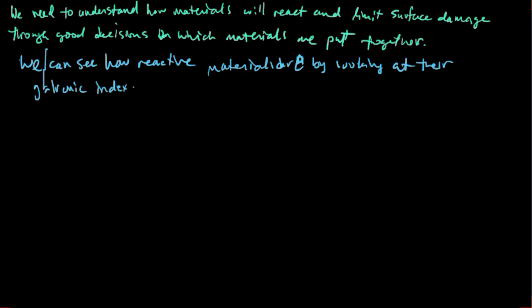All right. So the galvanic index, which is in your book on page 374, tells us how reactive materials are with each other. And this is the galvanic series. Okay.